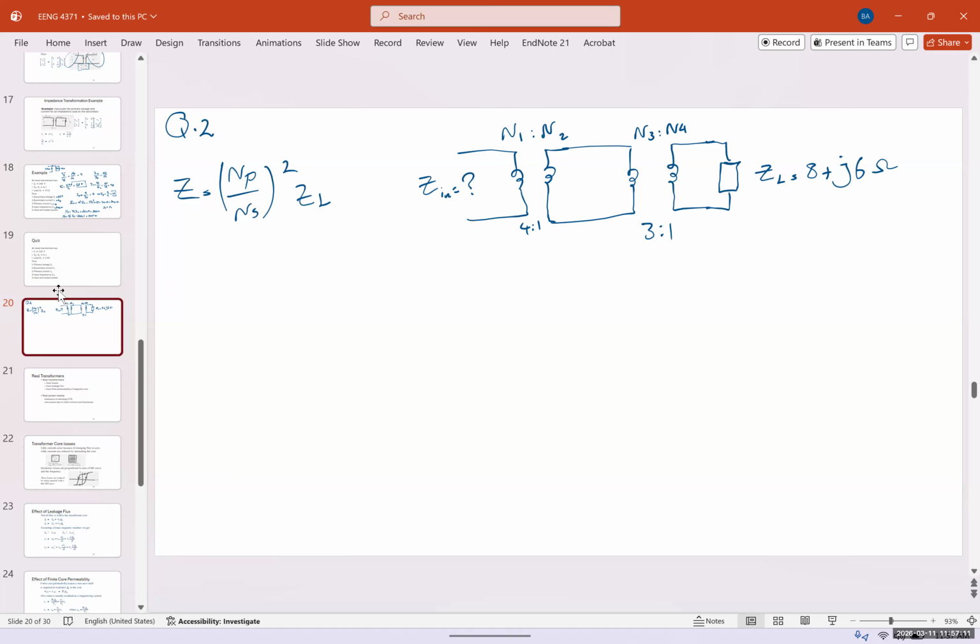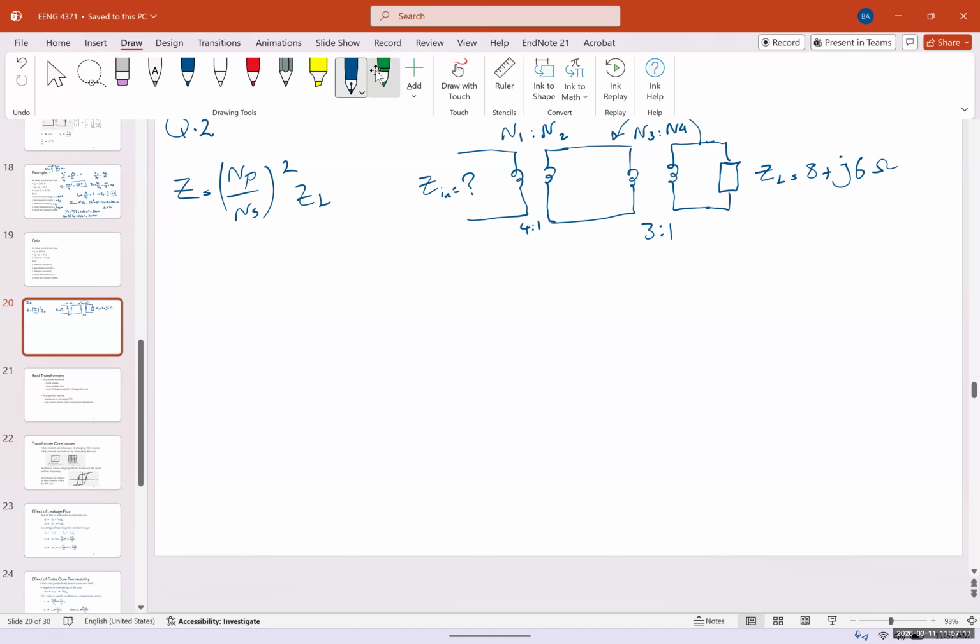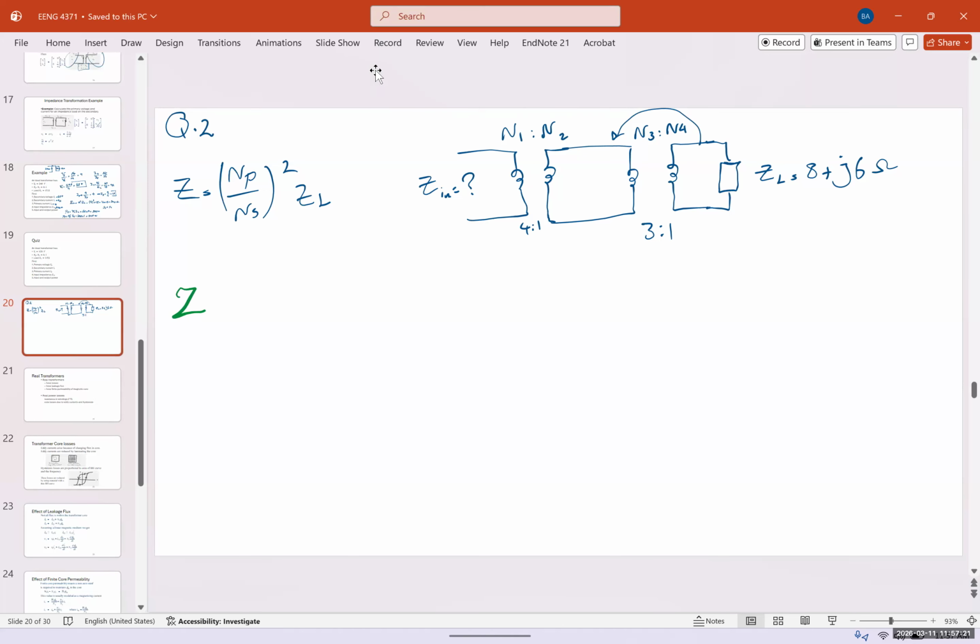So first step is to move this to the first transformer. Let me do it with a different color. And for that, if we want to move the output of the second to the first, it's going to be equal to NP over NS squared times ZL, which gives us, this is for ZL going to ZL1.